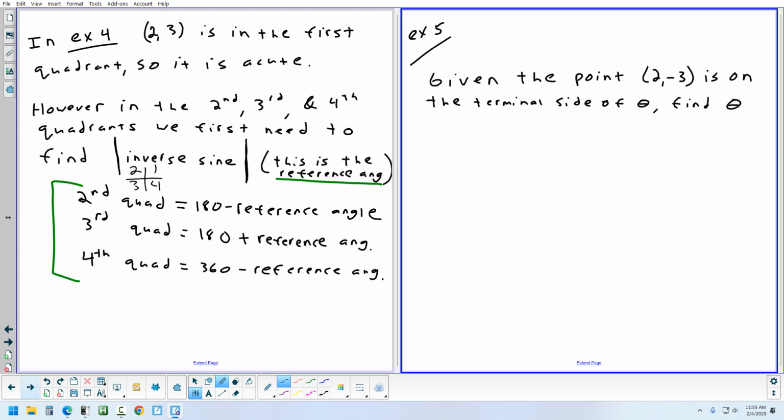All right, so we kind of already drew it, but let's try it. What quadrant is 2, -3 in?